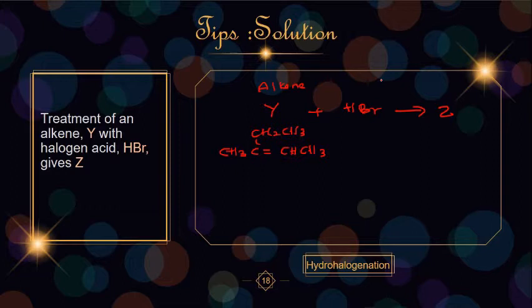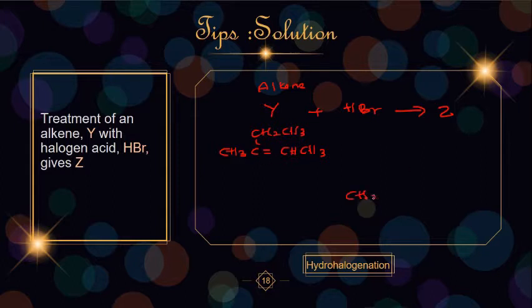Okay, this actually follows the Markovnikov rule, which is that the hydrogen must be added at the double bond carbon that has the greater number of hydrogens. So if you can see this carbon and another carbon which has the double bond, this carbon actually has hydrogen. So the hydrogen must be added here and Br must be added here to follow the Markovnikov rule.